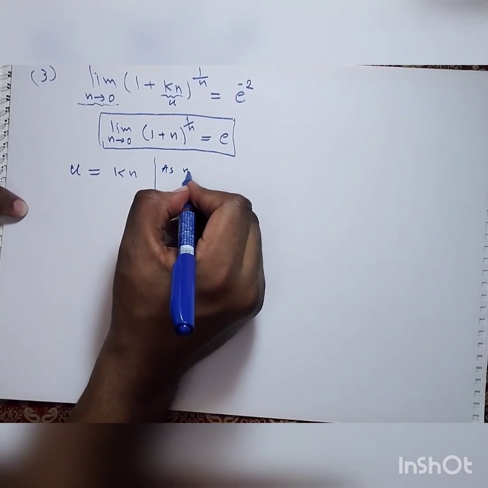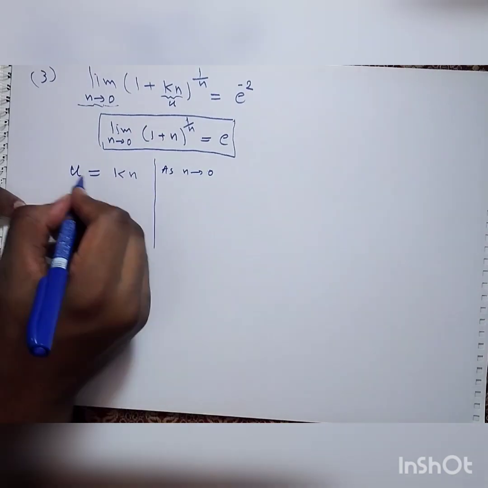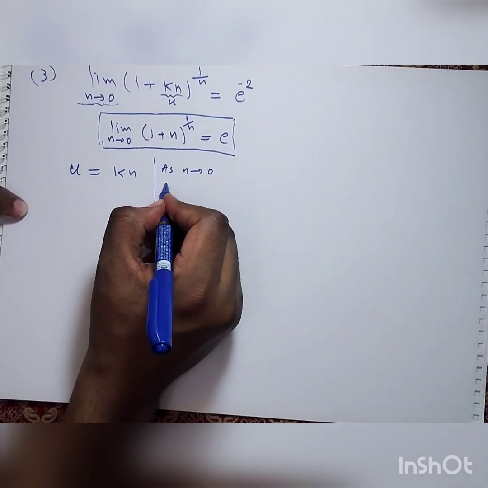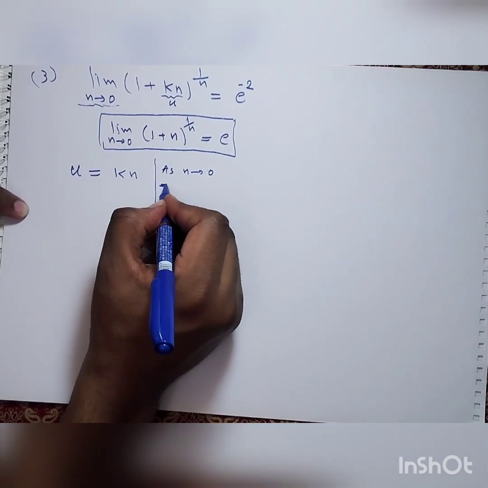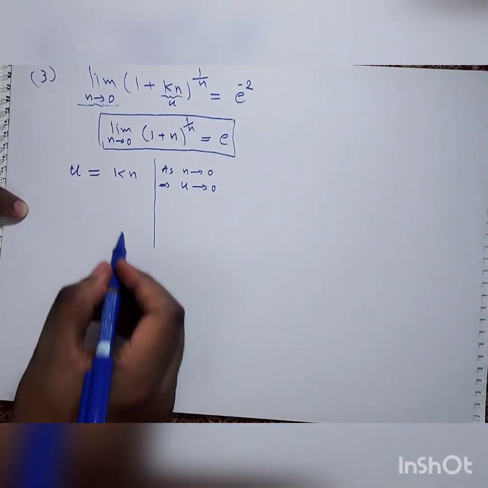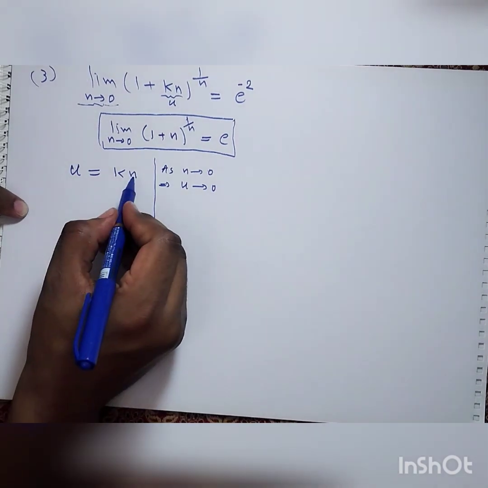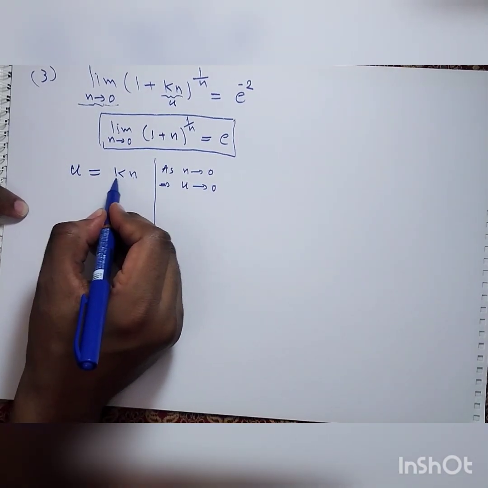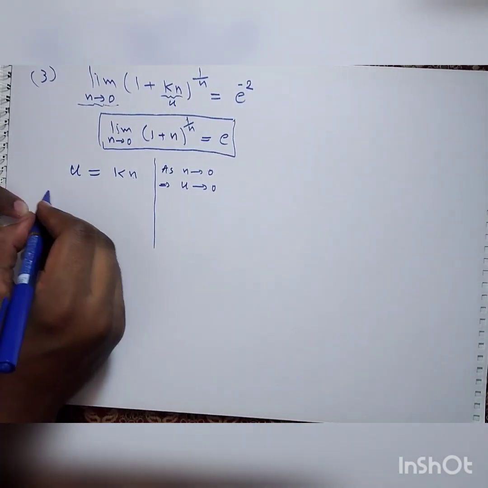As n approaches 0, this also leads to u approaching 0. When n approaches 0, then 0 times k will be 0, so u will also approach 0.